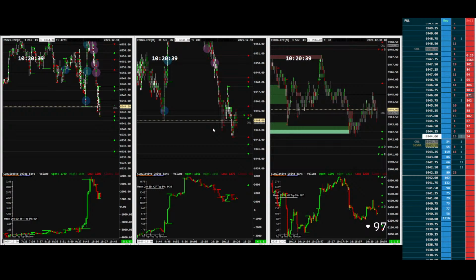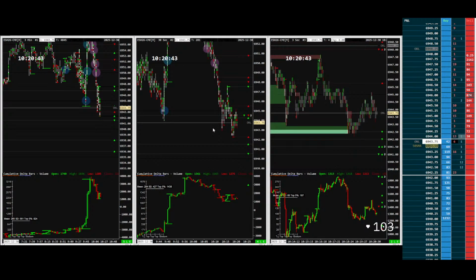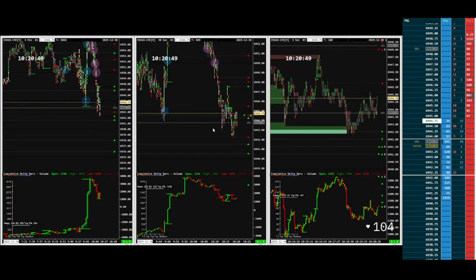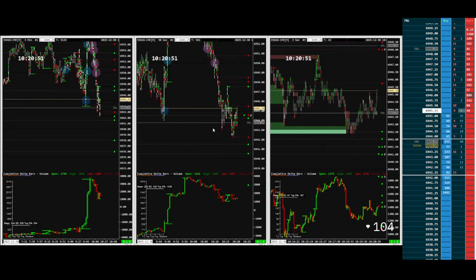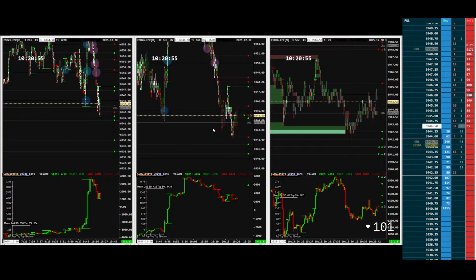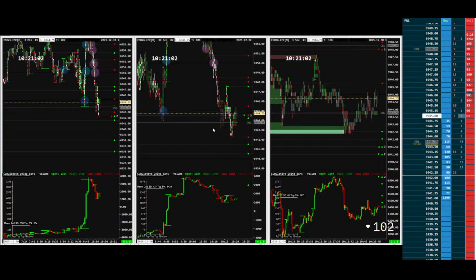You see how it's popping its head back in there on the 3-minute? It's getting under there. If it's not quite under the 15-minute, so far it would be somewhat long biased. But if they keep weaseling in there, then I'd look for the short.